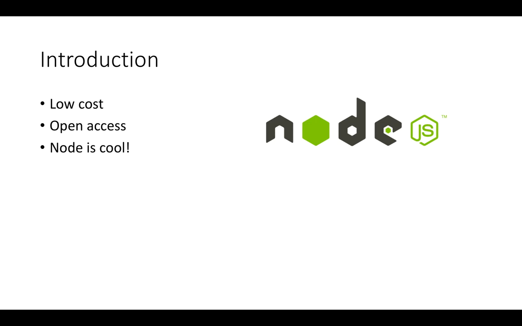It's also really easy to integrate Node with a whole host of other services and products on the web. And it also forms the basis of the MEAN stack, which is a JavaScript stack for the whole website.